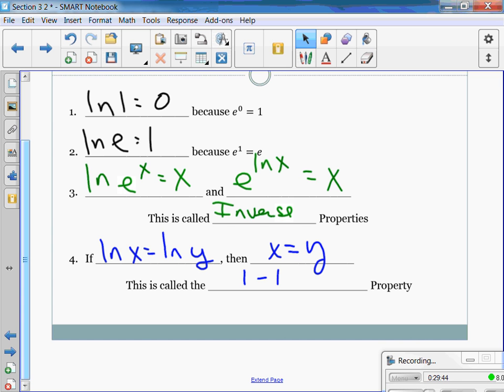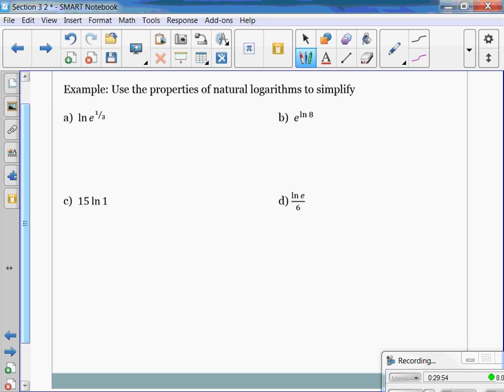So here I have natural log of e to the 1/3. This would just equal, absolutely. Is it saying e to what power? It's asking e to what power to come up with 1/3.